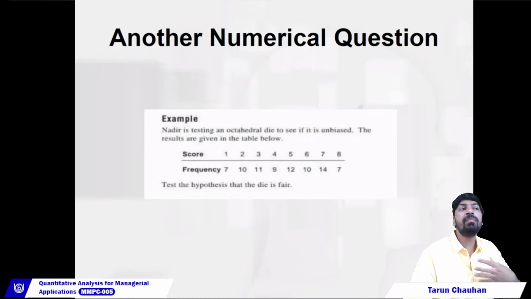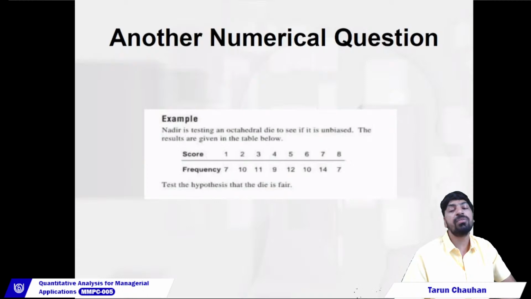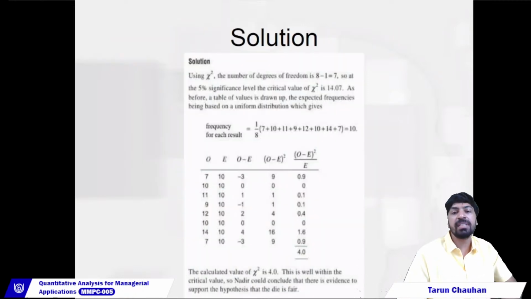How to calculate the mean in case of an individual series? Add all the values and divide by the number of scores. The number of scores is 8, and the total of the frequencies is 80, so the result is 10. That's called the expected frequency.